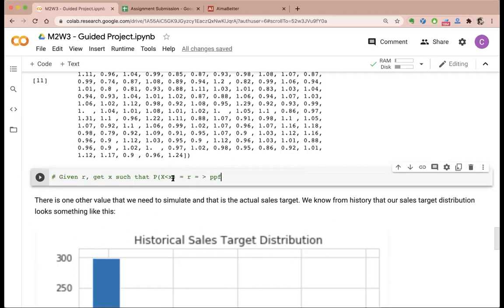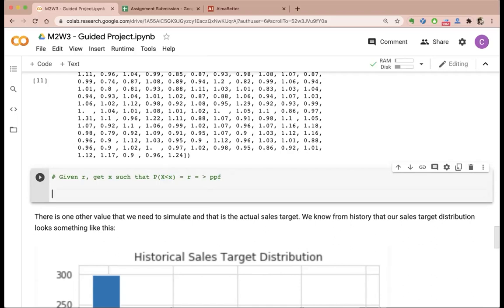You were given this probability, and given this value, you wanted to get this x value. How did you do that? You used PPF. Given the cumulative probability, you could find the value of x corresponding to that CDF.